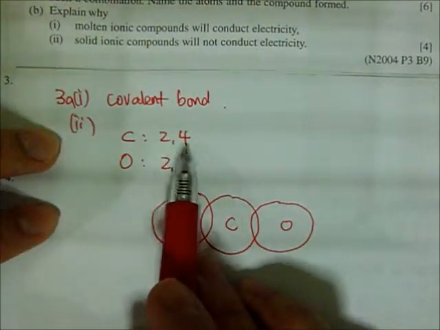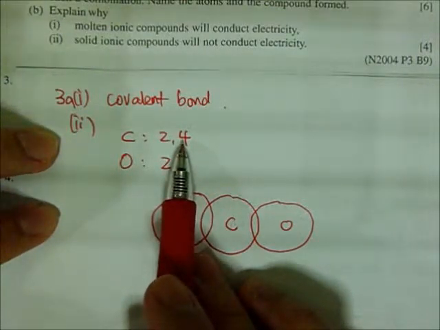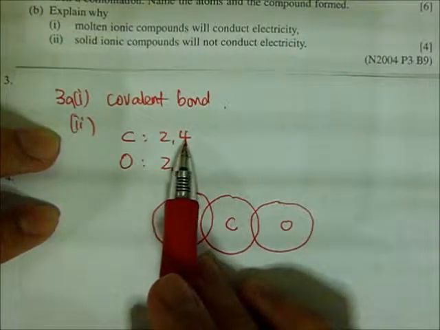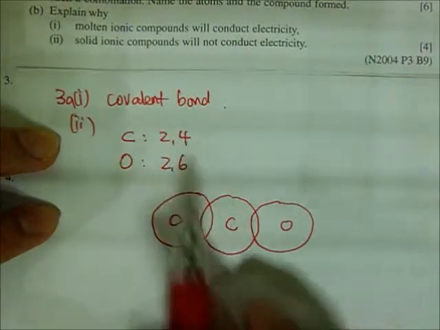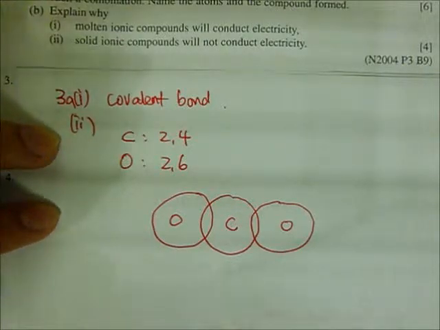Now carbon is 2 4, so in order to be stable, it needs to become 2 8. So it needs 4 extra electrons, meaning that it needs to share 4 pairs of electrons.